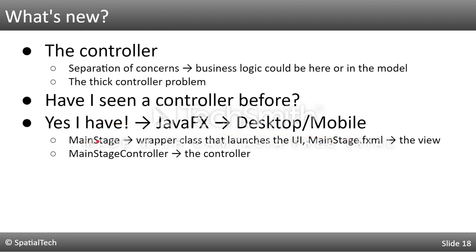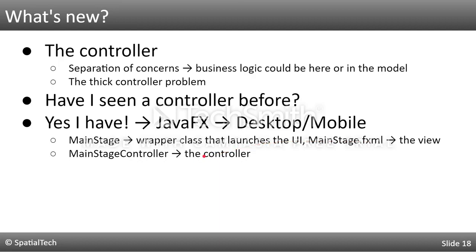So the main stage just launched everything, but the user interface was in a separate file, separation of concerns. It was even a different language. fxml is an XML language, and the XML file would know who its controller was, because there would be a line in this text file that says, oh, by the way, my controller is over here.